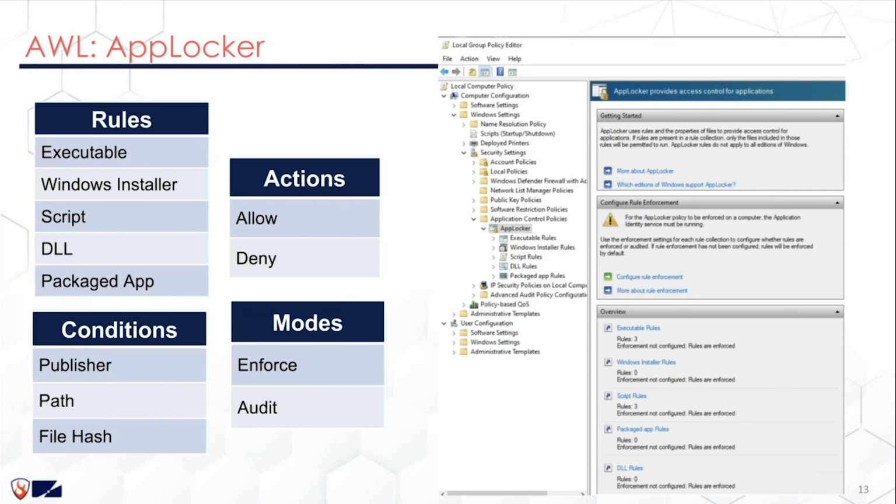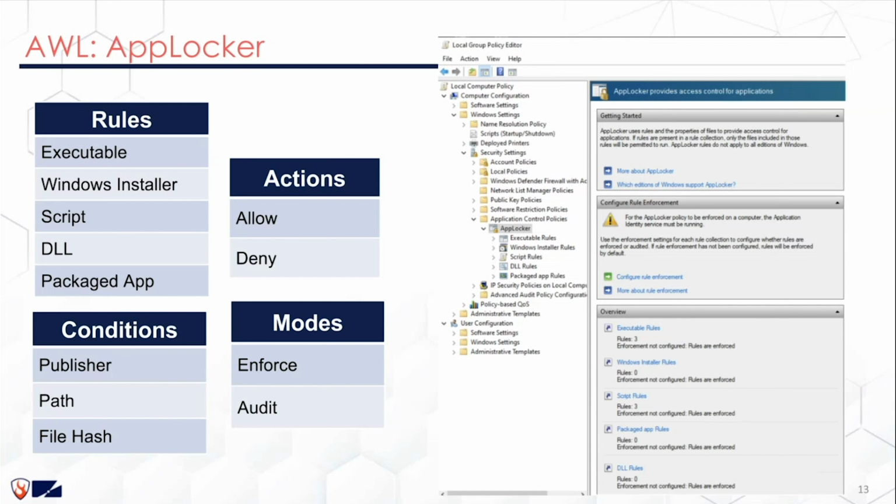So there are basically four major components to not only create and apply rules, but you have to target what you want to do with your application control policy, and that goes back to the planning in your organization. So with the rules, we can allow or block based on executables. So think of your .exe files and .com files.